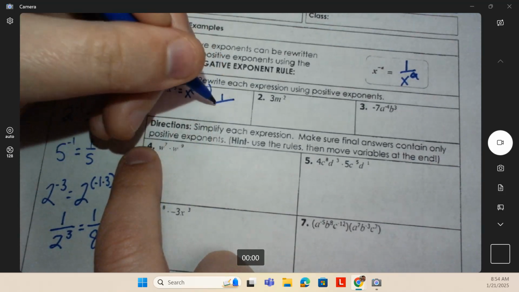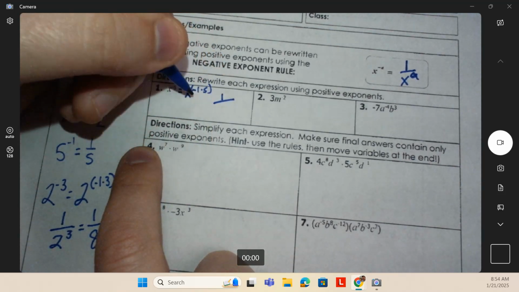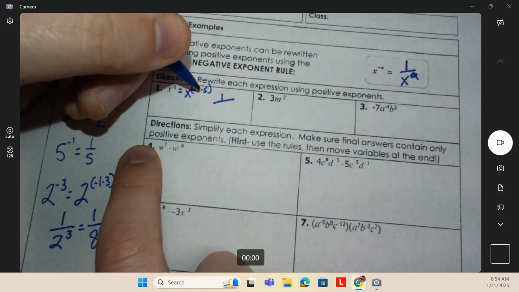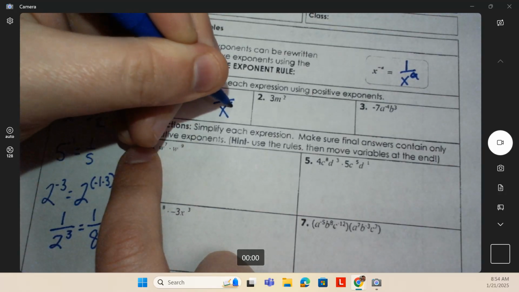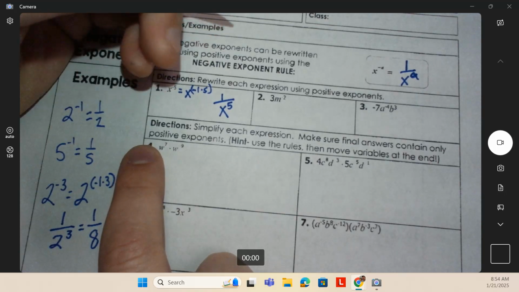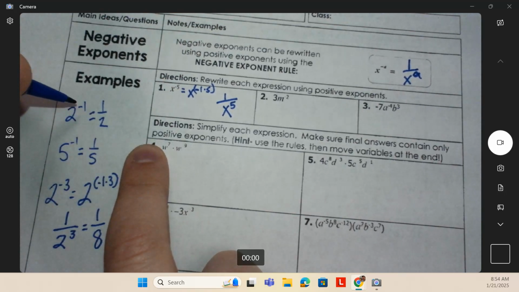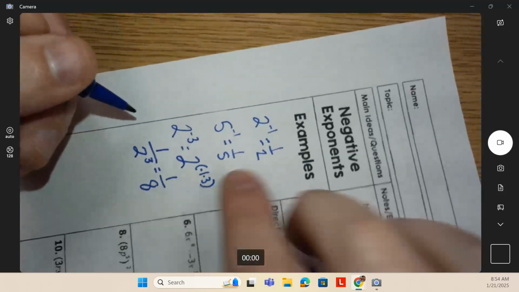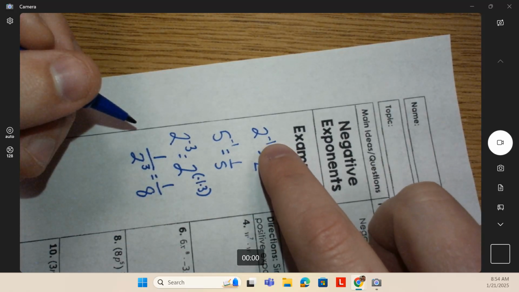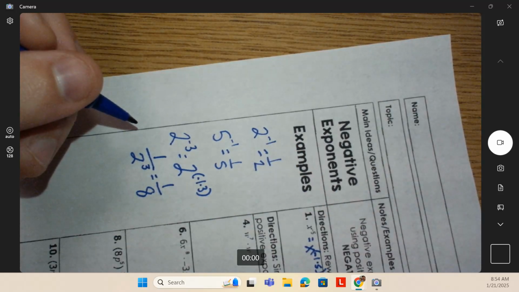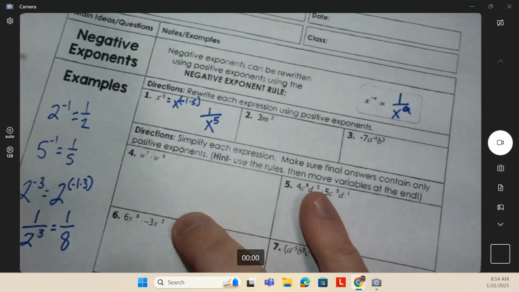So that negative 1 says, okay, move down to the denominator, and it leaves us with the 5. You could also think of a negative 1, if I turn it on its side, as looking like 1 over, and then you could put the number underneath there.